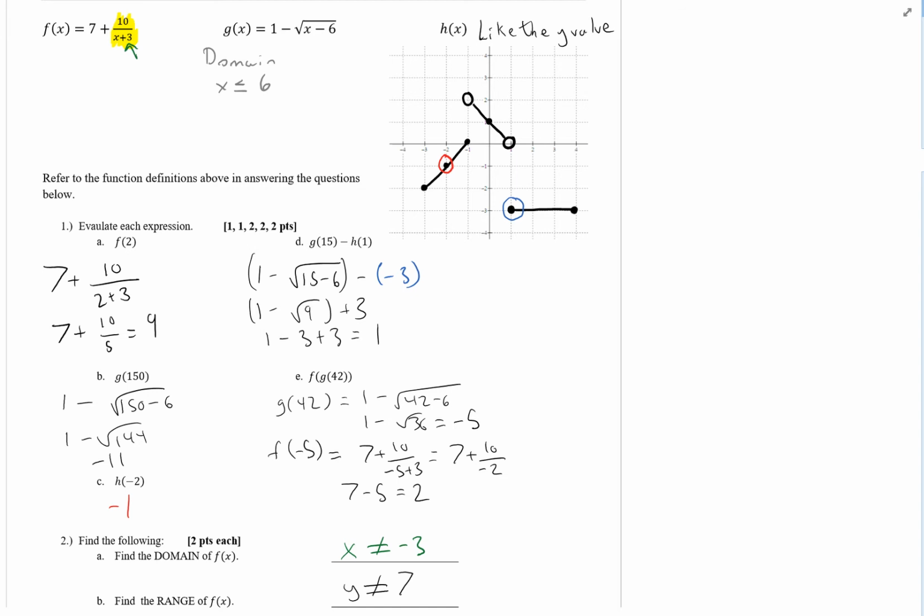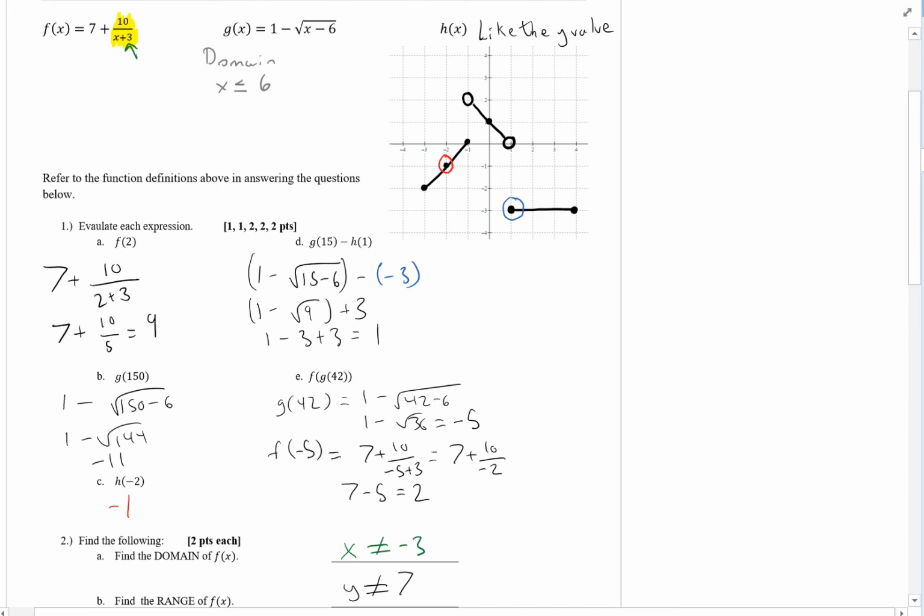To find the range of g, let's consider when x is equal to 6 exactly, like the boundary case, this is going to be 0, the radical itself. So the value of the whole function is going to be equal to 1. But when x becomes bigger than 6, this radical is always going to be positive, right?